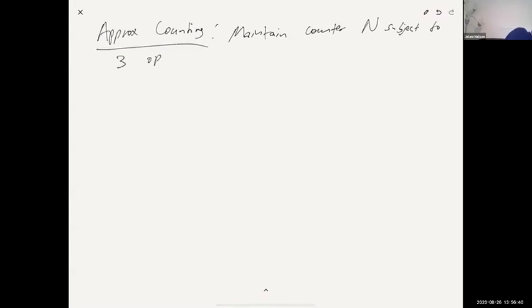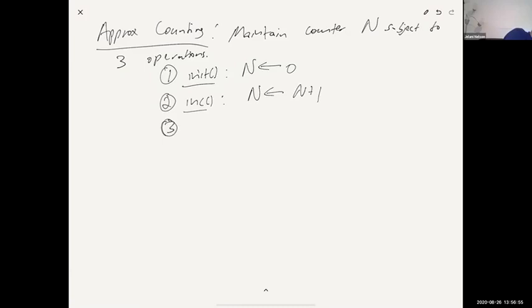So this is a data structural problem. One is init, which just sets the counter to 0. There's increment, which increments the counter, and there's query, which just returns the number, returns, let's say, some approximation to the counter.